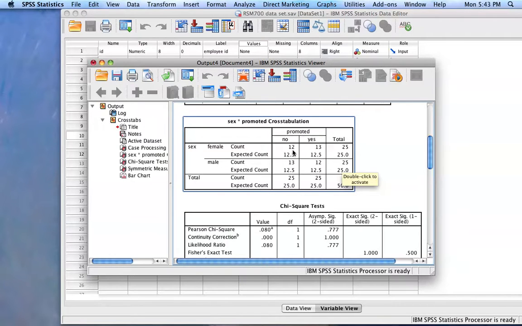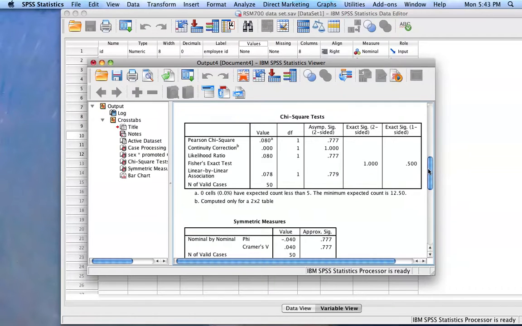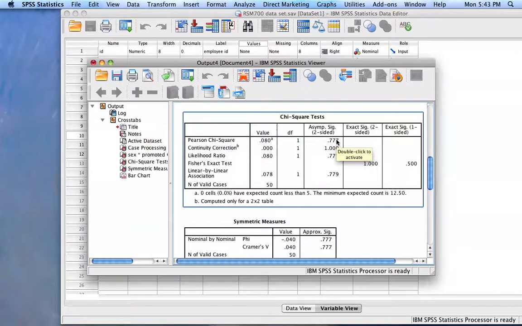There were 12 females who were not promoted, and 13 males who were not promoted, 13 females who were promoted, 12 males who were promoted. So pretty close to what you would expect if they were just exactly equal. And if we look at the chi-square test, you can see that the value is 0.08. The significance is 0.77. So it is not significant.